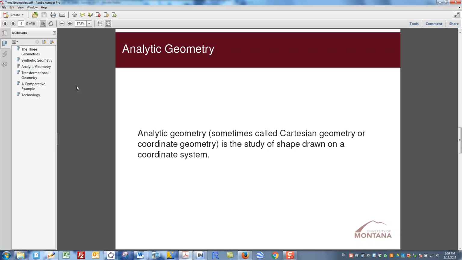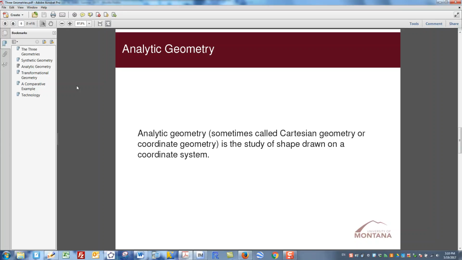Analytic geometry, though, is another view that we give students in K-12 mathematics and geometry. It's sometimes called Cartesian geometry for Descartes, the person who gave us the coordinate plane. Or you could call it coordinate geometry. Sometimes you hear it referred to that way. But this is just the study of shapes drawn on a coordinate system. Usually, we're more interested in equations that relate geometric objects.